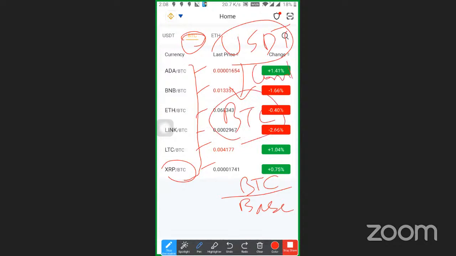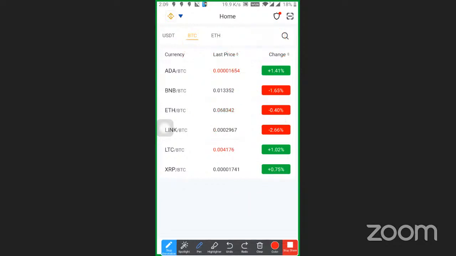You can search for the convert option, and the amount of BTC you want to trade with, you just calculate, and I will help you calculate in a few minutes. This way you start with some amount of BTC if you trade in this pair.